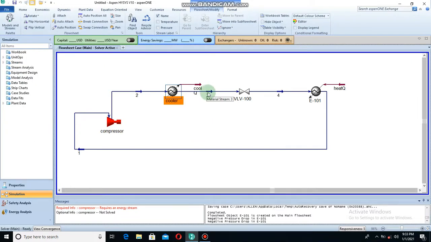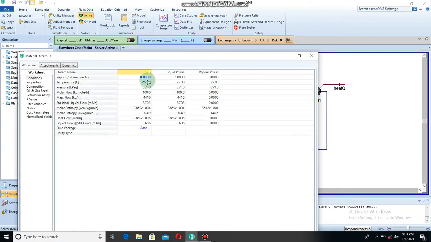And out of the cooler in a liquid phase at 25 degrees.